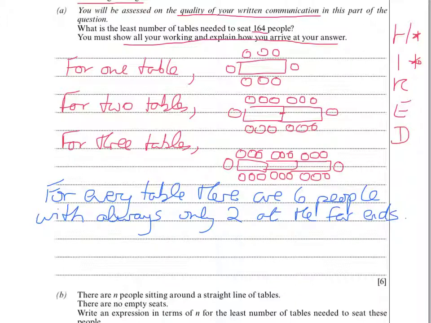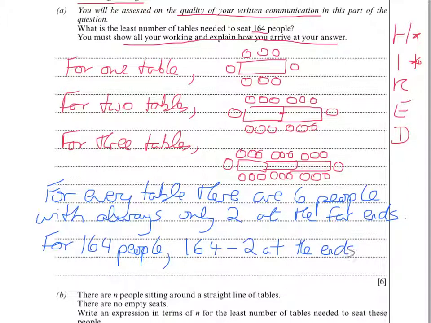So that allows us to do our calculation. For 164 people, 164 take away 2 at the ends equals 162. And so now we know that there's always 6 people left over for every table.